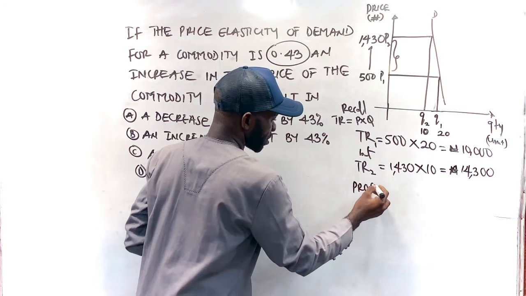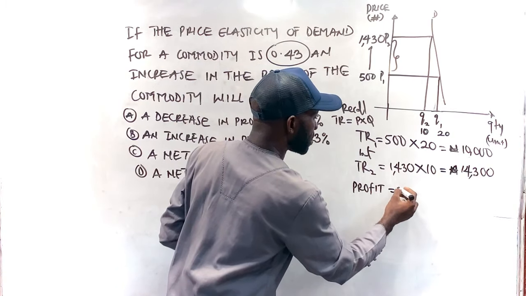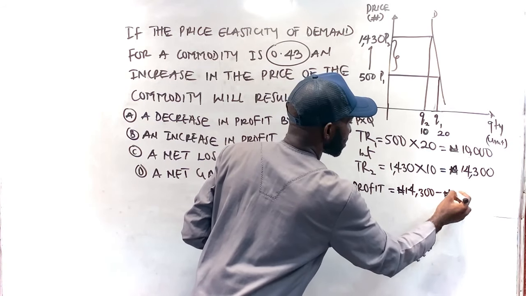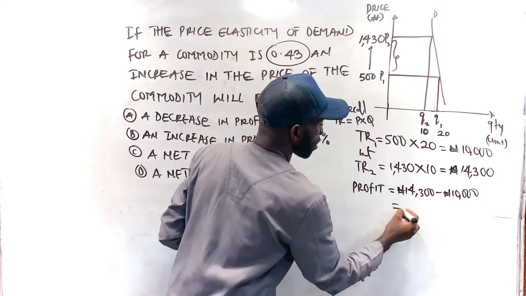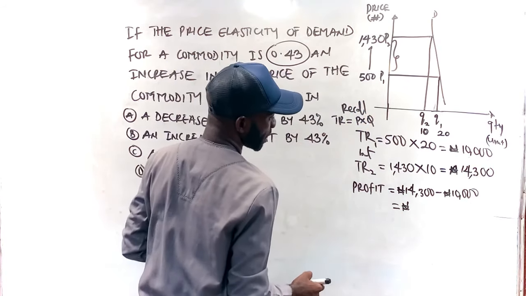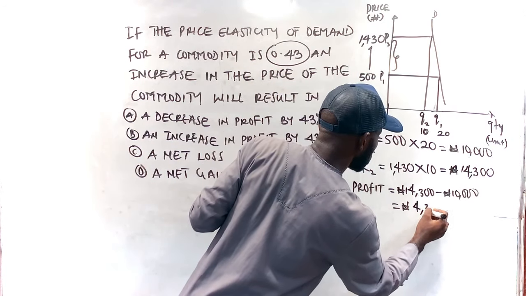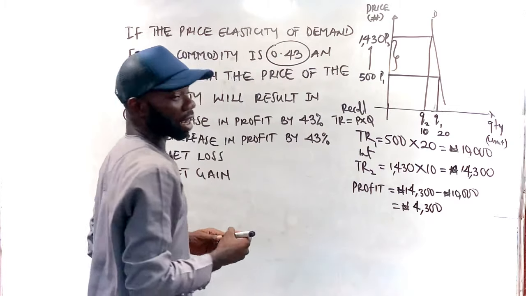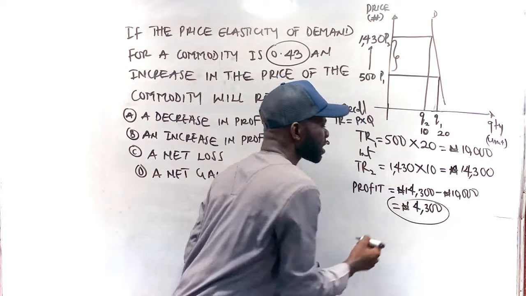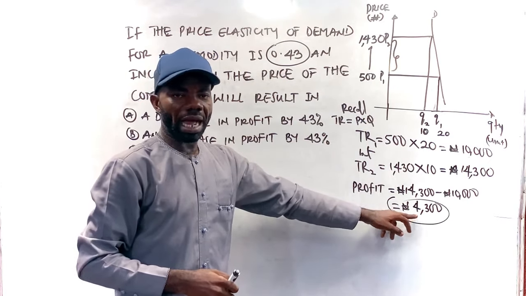Check the difference. Let's look at his profits, because he's not making a loss. You can see it. The profit of this guy is 14,300 minus 10,000. So if he makes that profit, what do we have here? Please check it out. He's making 4,300 naira as his profit. So if he's making 4,300 as his profit, please check what percentage of this has he made as his profit.